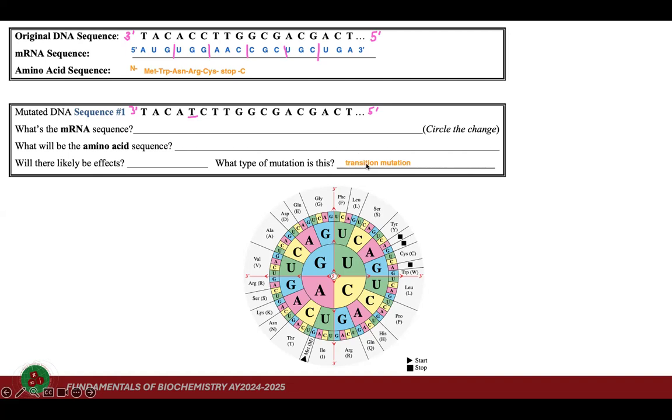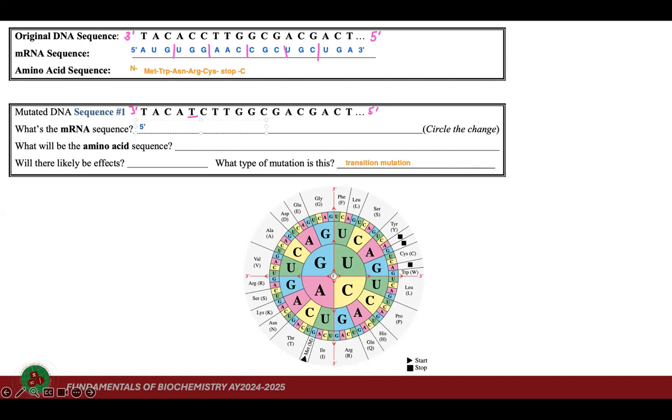But this is if we are looking at the base alteration. What if we are asked about the effect on the phenotype? What type of mutation took place? We have to look at the amino acid sequence. So let us write the mRNA sequence again, 5 prime.